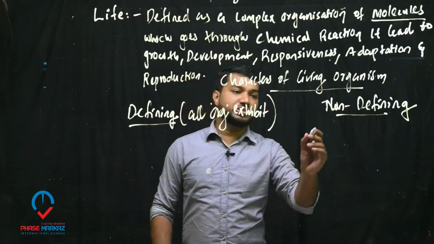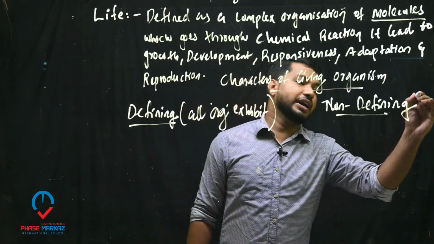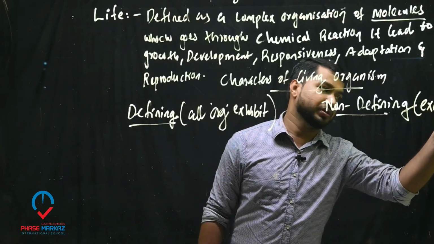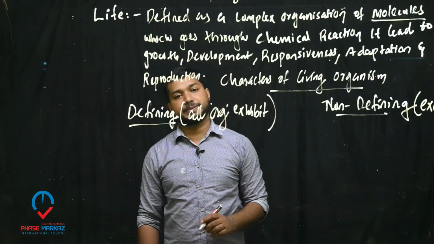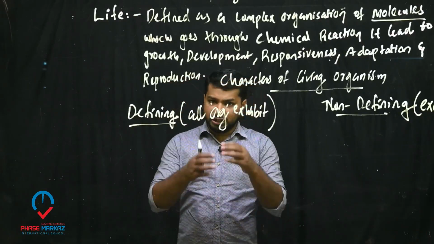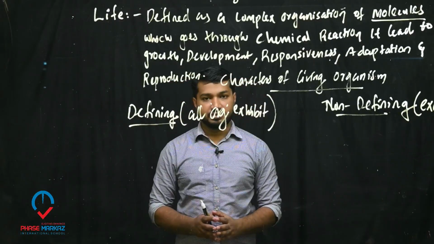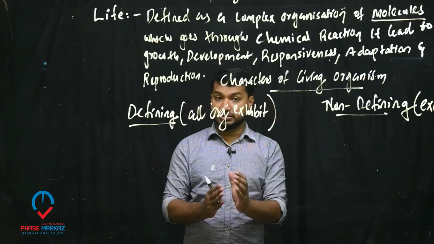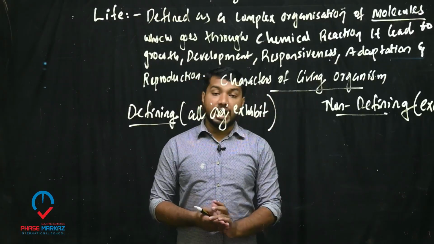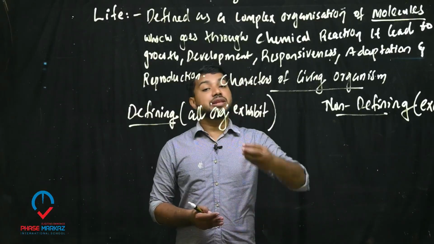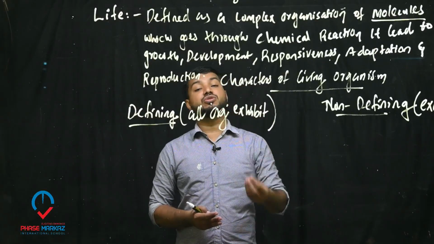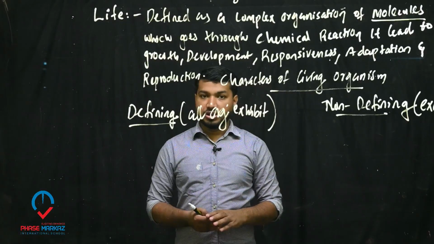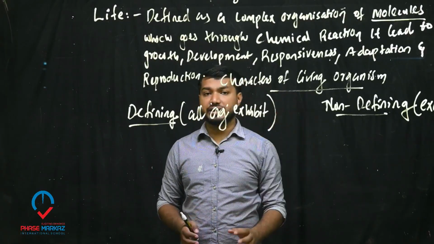So what does non-defining mean? Non-defining means there will be the possibility of exception. That means non-living things may also show that kind of character. That is one problem. And another thing, some living organisms may not show the character. That's the reason we call it non-defining.